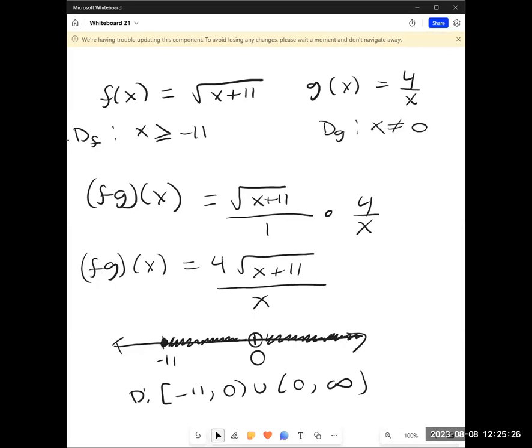Interval notation is the easiest way to do that, but we could also say x greater than or equal to negative 11 and x not equal to 0.